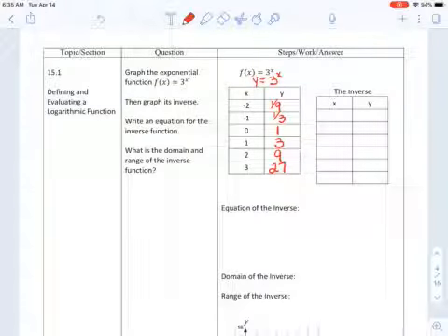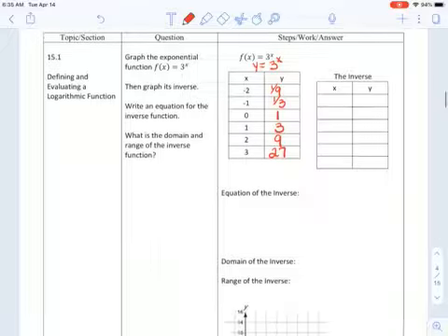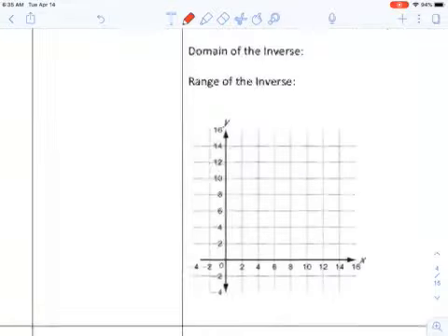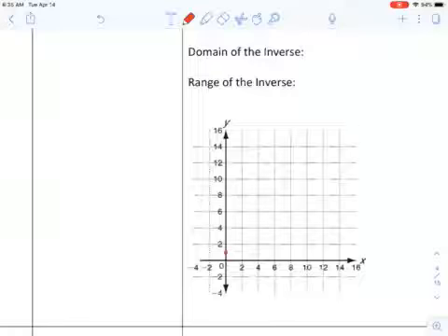Okay, so if I graph that, I'm going to scroll down here. And if I graph those points, maybe I zoom in a little, I get (0, 1), (1, 3), (2, 9), and (3, 27) is, of course, off the chart.